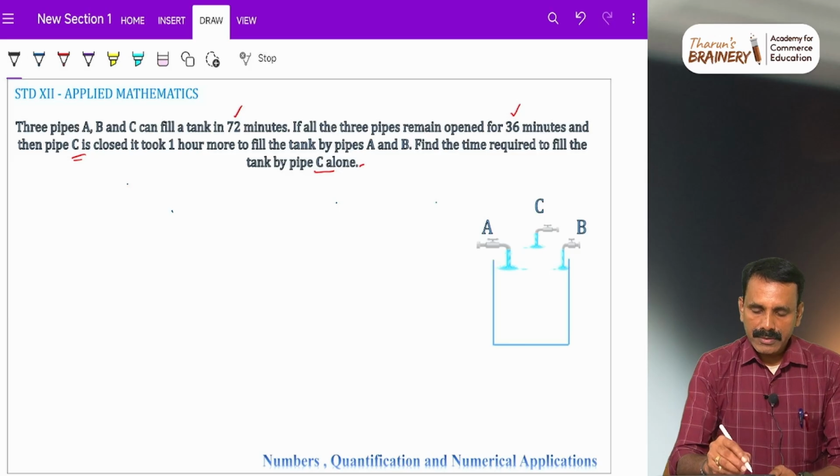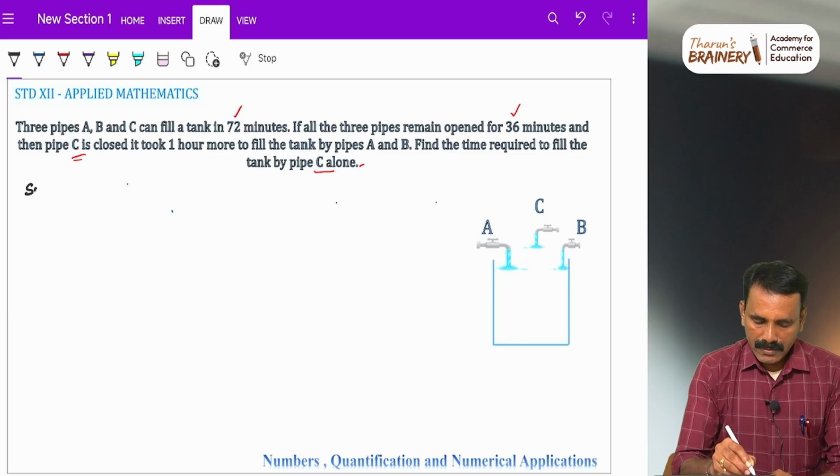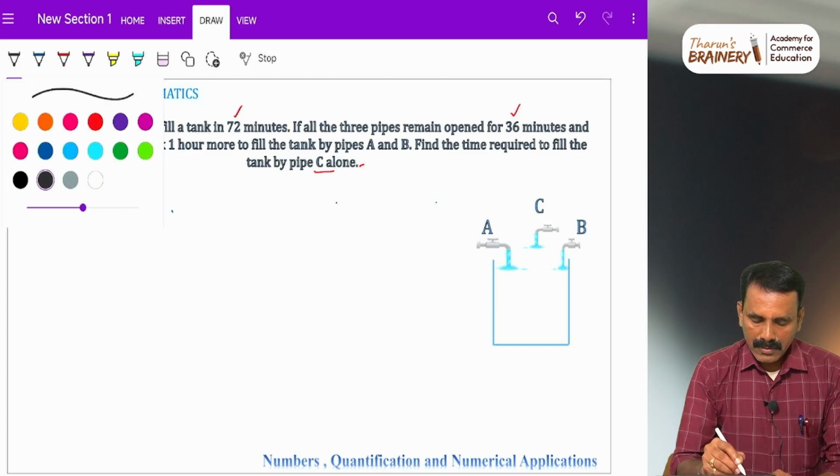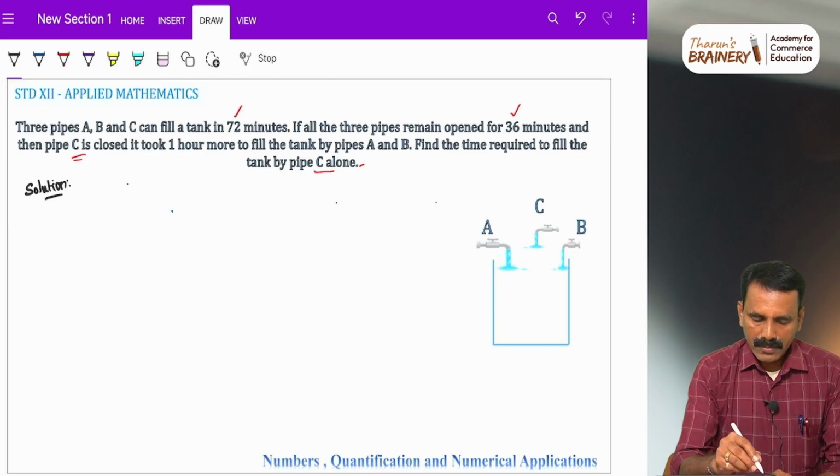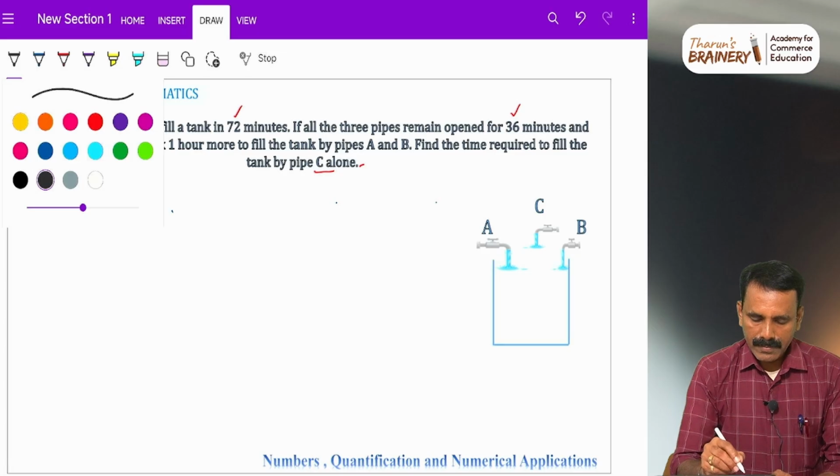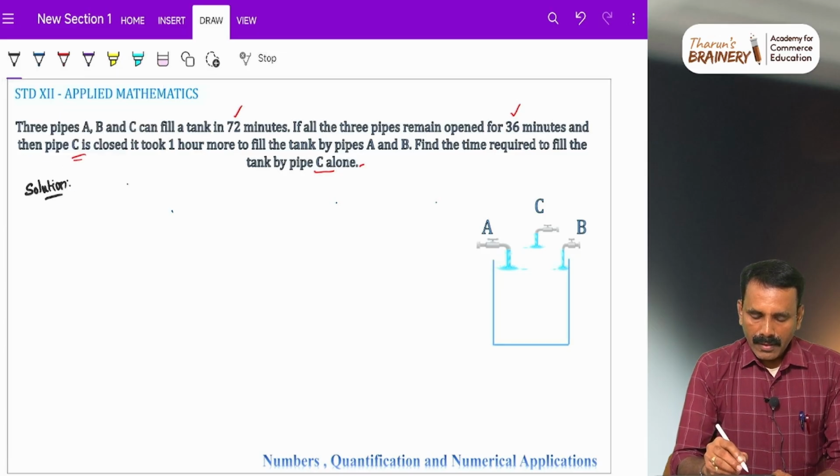So, we start the solution. We assume, and the data given here are in minutes.